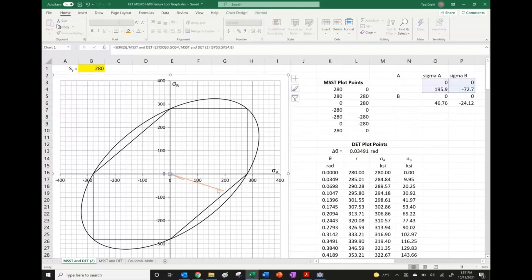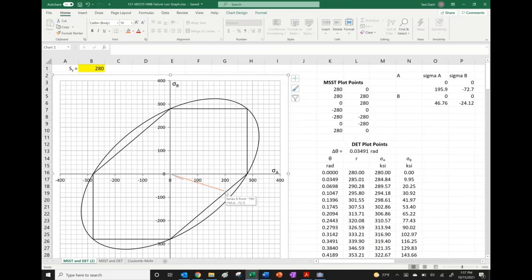Oh, wait. No. See that line right there, it's just way too close to this thing. It would get a safety factor that was really approaching 1 right here. And I don't know why. Did I do something wrong?